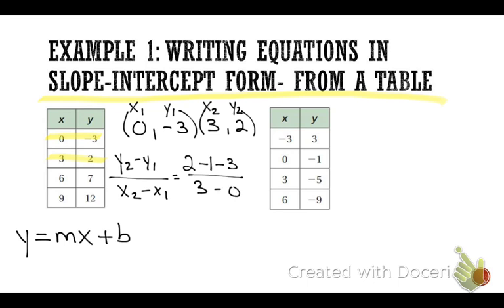So we change our double negative to a positive, and 2 plus 3 is 5. So m equals 5 over what? 3. And you plug that in where m goes in the formula. Y equals 5/3 x. And now we have to use the table of values to figure out our y-intercept.